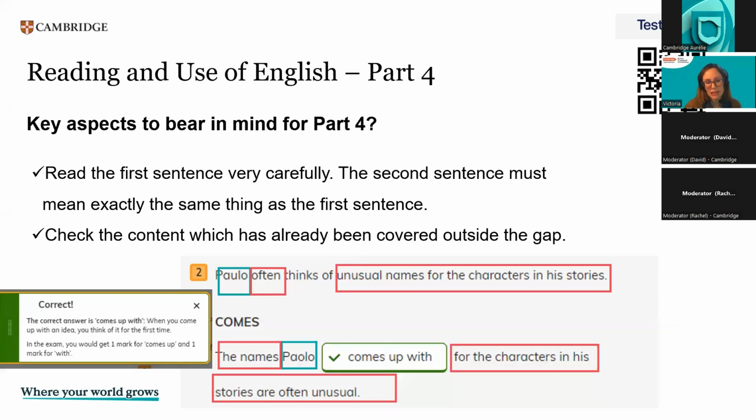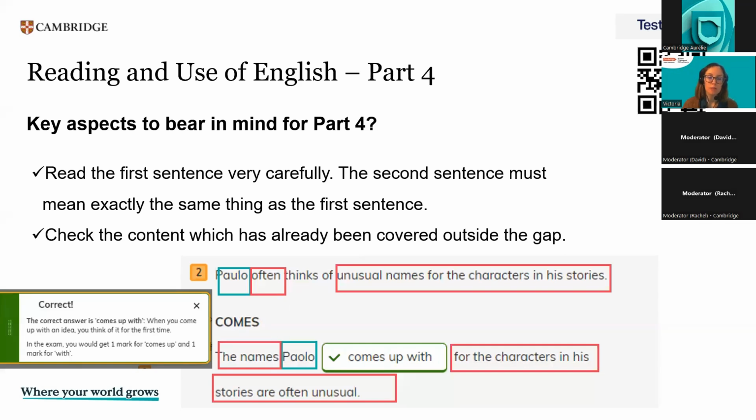Okay, and here, as you can see, in the little feedback box, you will get 1 mark for "comes up" and then another mark for "with". So first you need to identify the first part and then the other part, "with". Okay, the 2 parts that make up this answer.